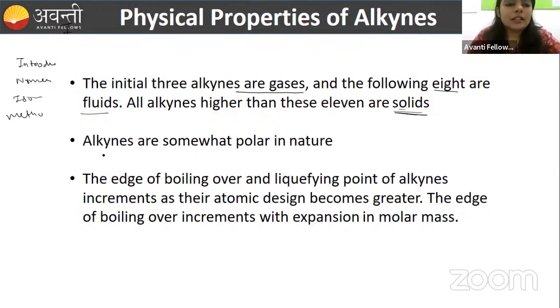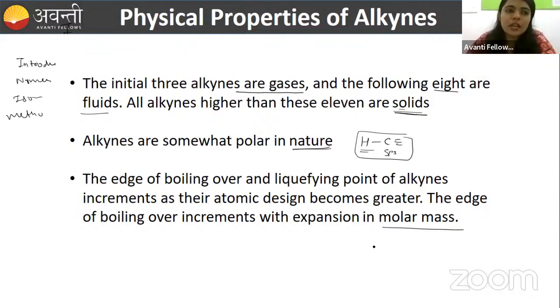Then alkynes are somewhat polar in nature. Why polar? See here, this hydrogen is attached with an sp carbon, so the sp carbon is more electronegative. That's why alkynes become polar in nature, and their boiling and melting points also increase as their molar mass increases. So these were some common physical properties of alkyne.